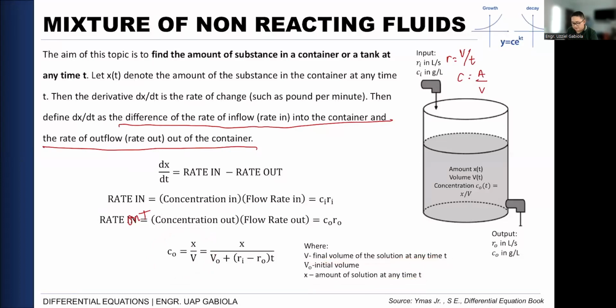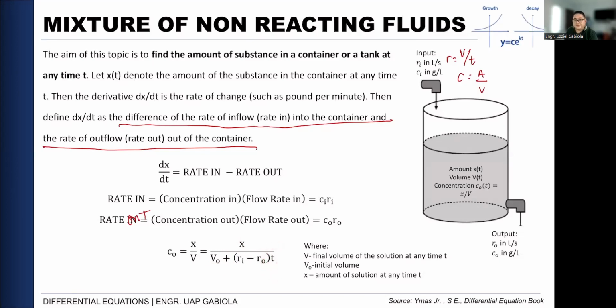Okay? So, at the given instant, ibig sabihin, ano? Yun yung amount of volume niya. So, yung volume na yun, meron siyang formula. Initial volume, okay, given yan sa problem, plus kung ano yung difference ng rate dun sa ating mixture, yung rate inflow and outflow natin, times time.